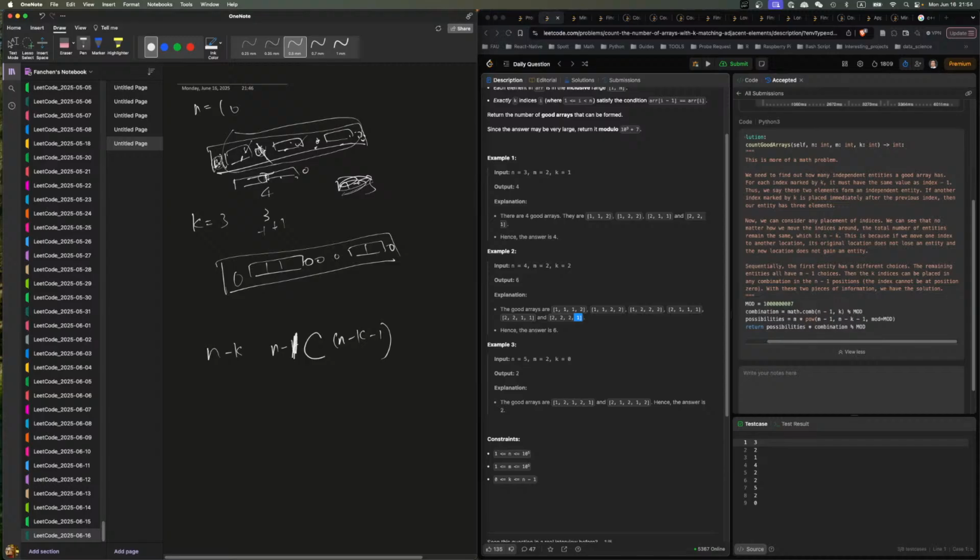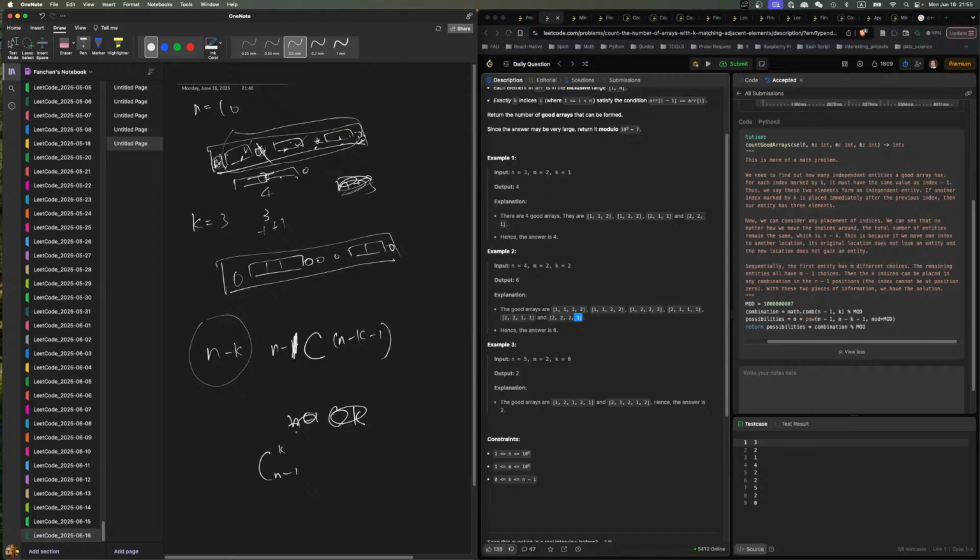Now once these things are settled, then what? Then for each one of them, there must be n minus k entities after we're done. So basically it's n minus 1 choose k. That's the total number of ways the k indices can be.